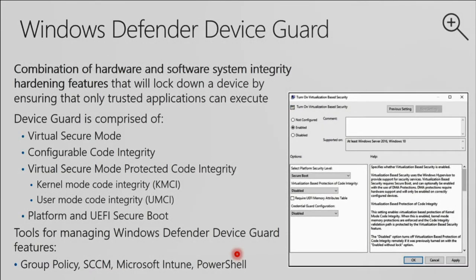So an important topic is this one about Device Guard, Windows Defender Device Guard. Device Guard is actually an enhanced version of AppLocker. It creates a more complex opportunity to do whitelisting for applications.